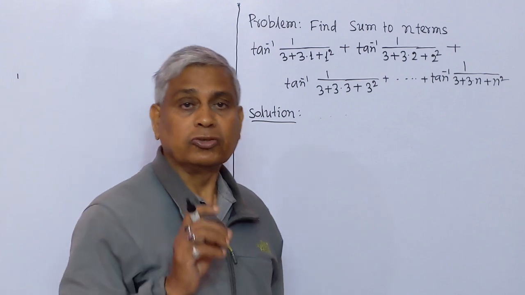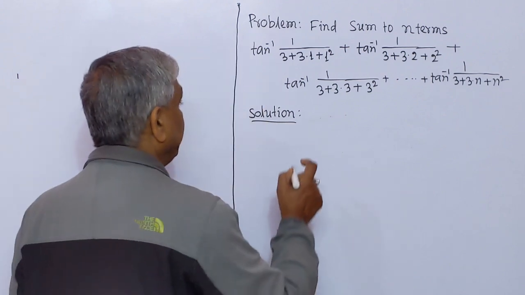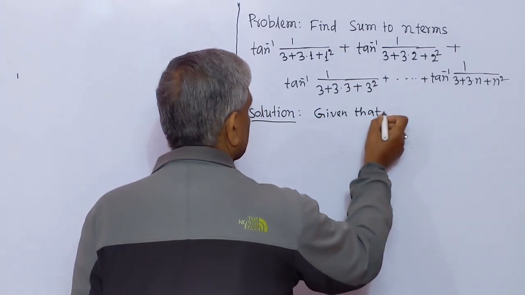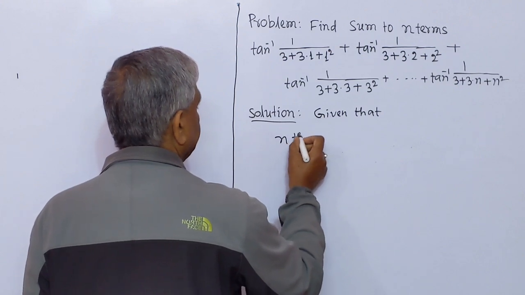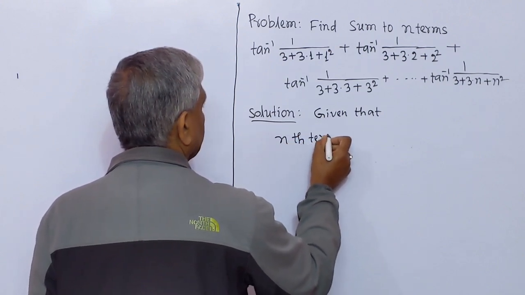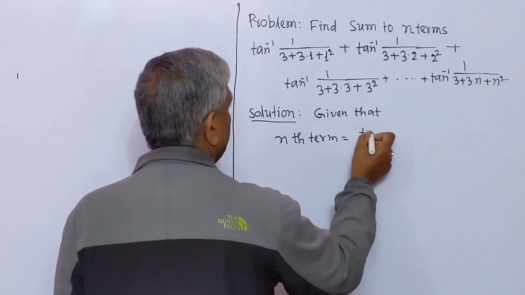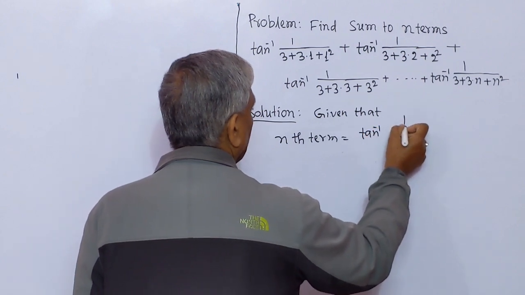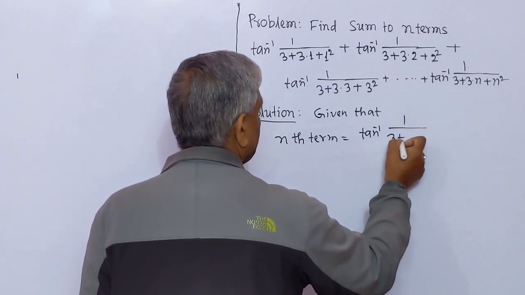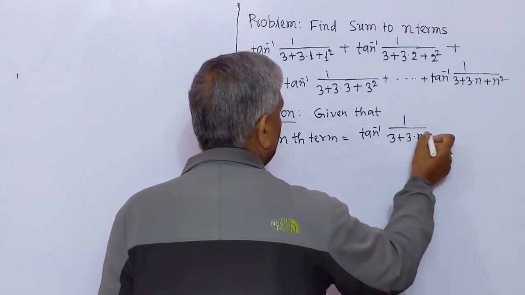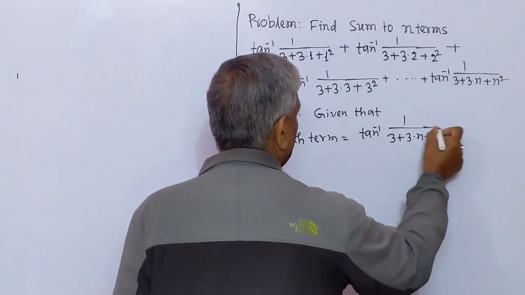Now we solve this. Given that the nth term is equal to tan inverse 1 by 3 plus 3 multiply n plus n square.